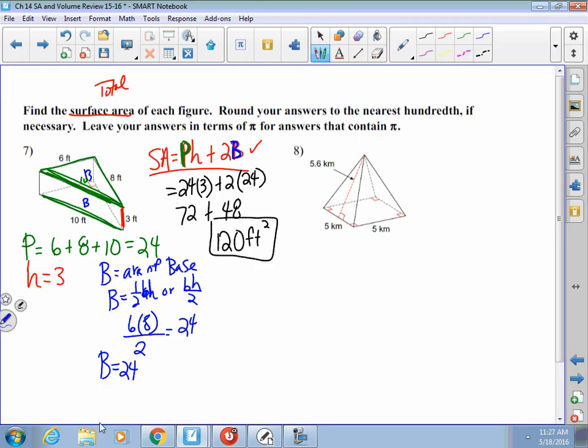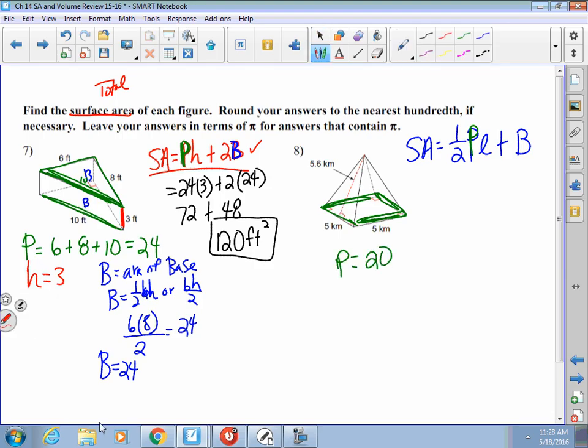All right, guys, so go to your formula for this shape. This is a pyramid. The surface area of a pyramid is 1/2 PL plus B. Again, P is the perimeter of our base. Our base is the square. So perimeter is 20.